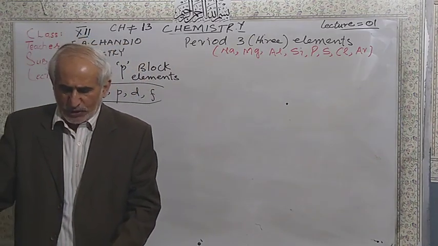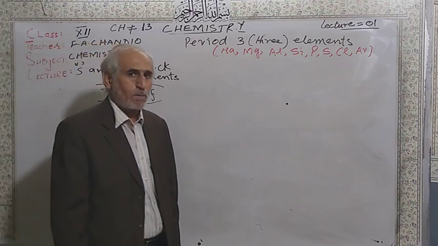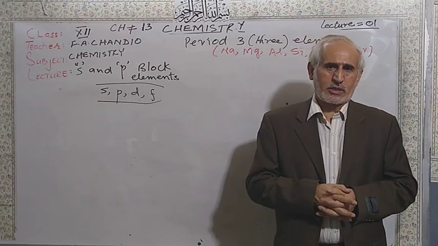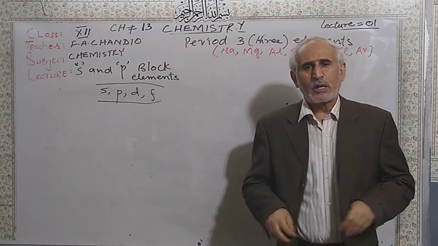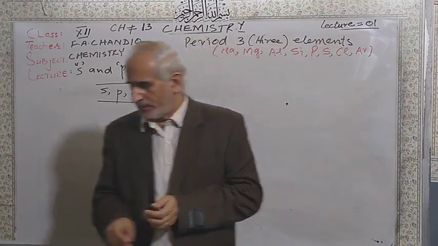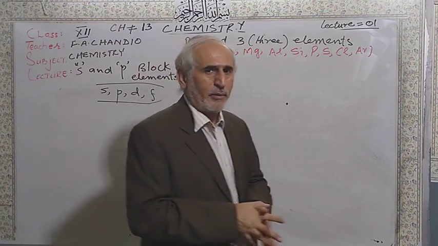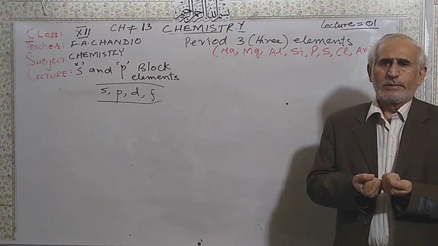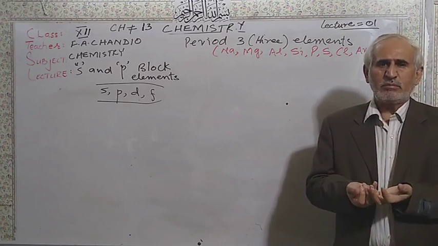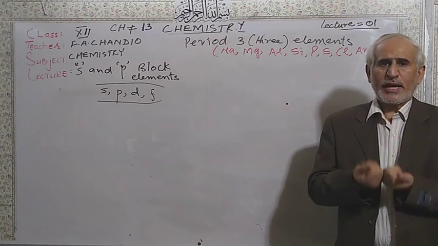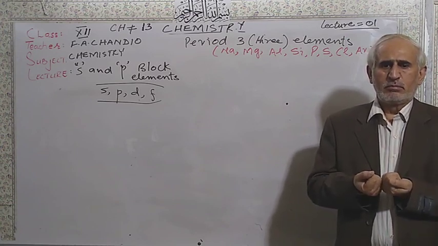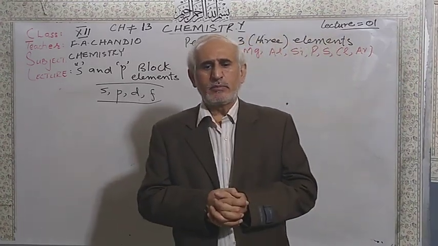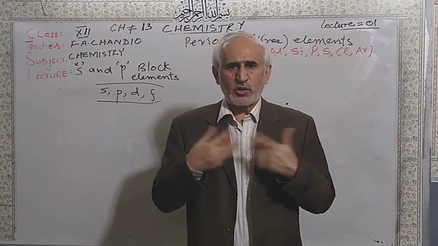So when we are looking at the periodic properties of elements, we have some very important topics for this explanation. Number 1, atomic size, atomic radius, atomic radii; ionization energy, electronegativity, electron affinity, their melting point, their boiling point, electropositive character, electronegative character.